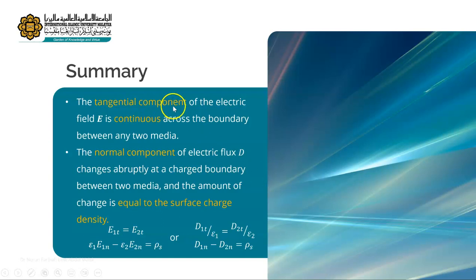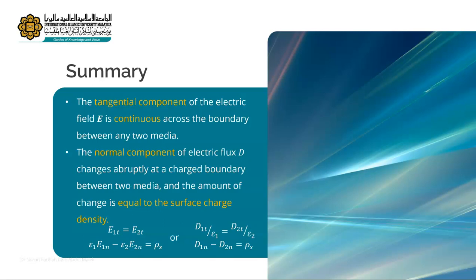The tangential component of the electric field E is continuous across the boundary between any two media. Tangential component is the one that is going horizontally, so that's why the electric field is continuous across the boundary.